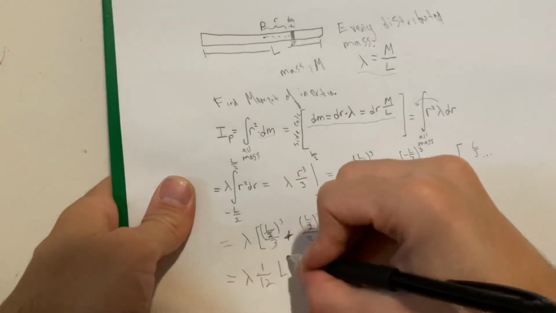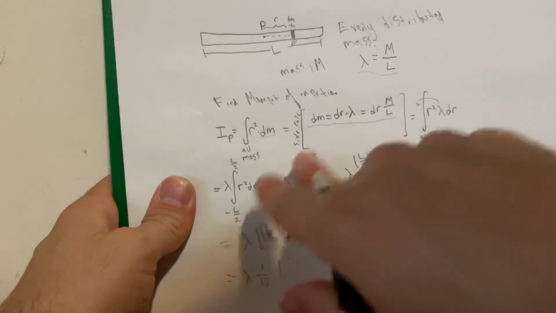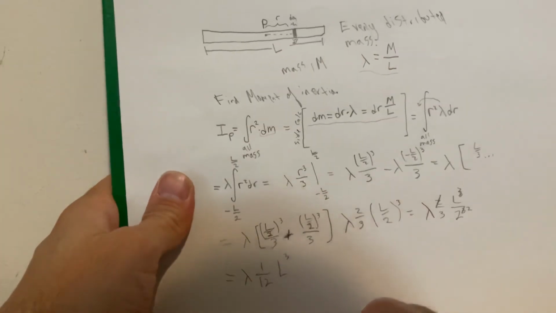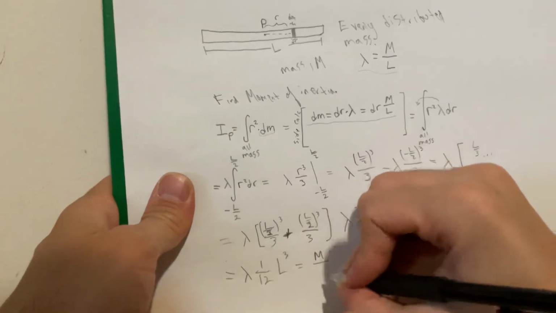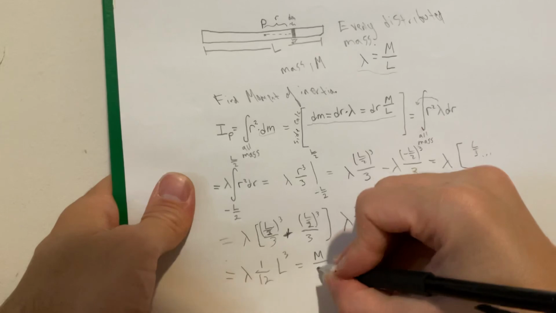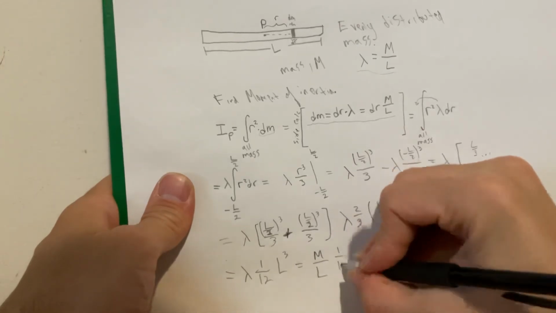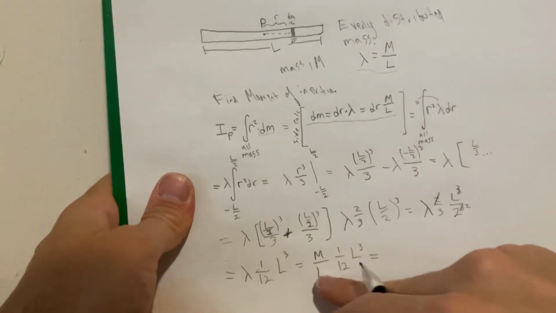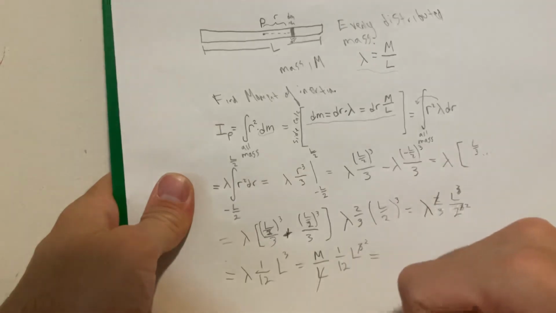Then let's plug in what we have for lambda finally, so we can get back to the quantities given in the problem, which is M over L, times 1/12 L to the third. We can cancel out one of these L's, so it turns into L squared.